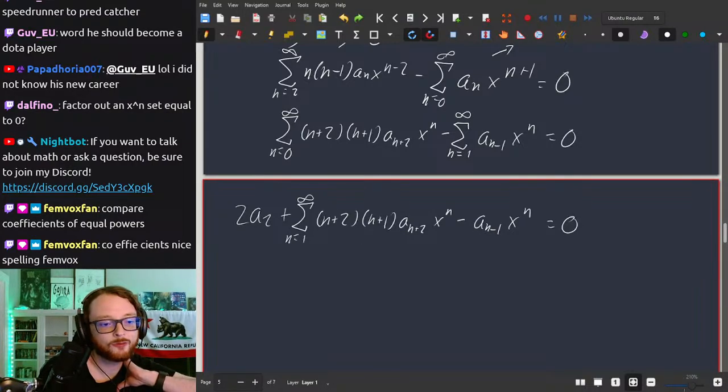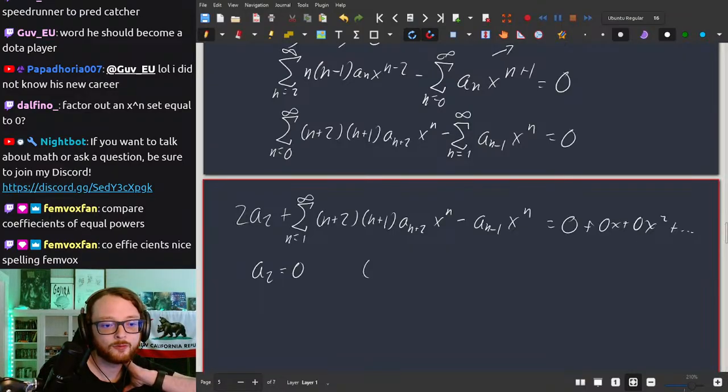So we can say that a2 must equal 0. And then we can say, because we think of this as 0 plus 0x plus 0x squared plus ..., we can then justify saying that n plus 2 times n plus 1 a sub n plus 2 minus a sub n minus 1 is equal to 0.